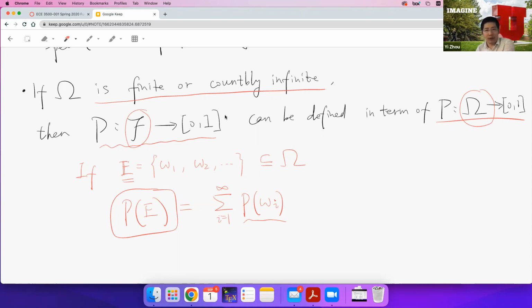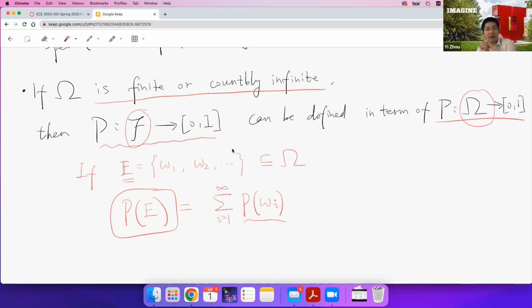You can see that this only holds for either finite or countably infinite, because only in these two cases can you do this summation. If it is finite, then this is just a finite summation over outcomes.